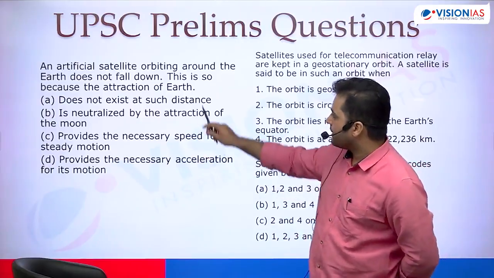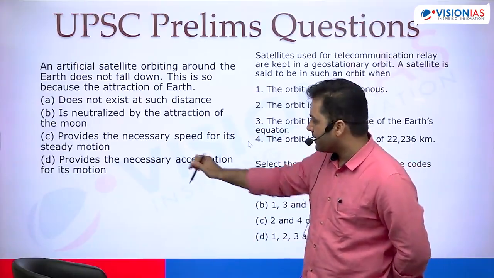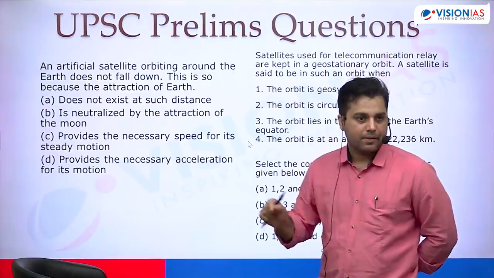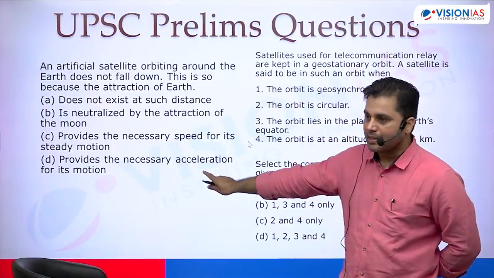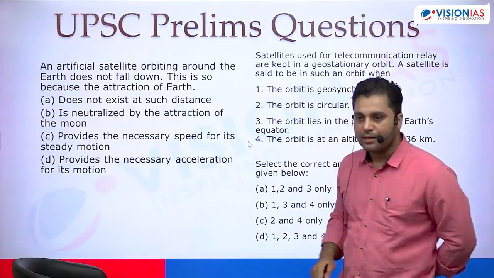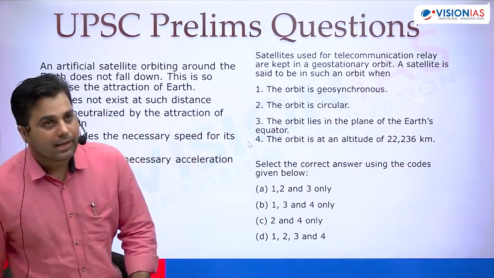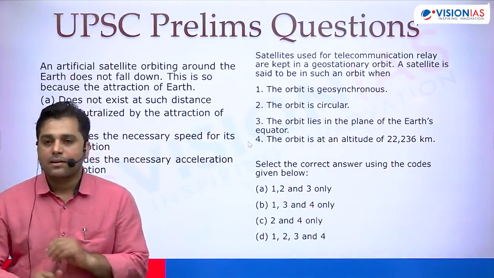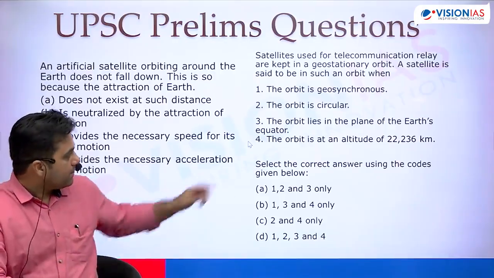So the question is that this is so because the attraction of Earth, which is gravitational pull, provides the necessary centripetal force and hence the necessary centripetal acceleration. So D is the correct answer here. But अगर C में यहाँ पे speed के बजाय word velocity रहता, तब भी ये correct statement होता. So that is why in current form C is not correct because the word which has been used is speed, which is a scalar quantity.